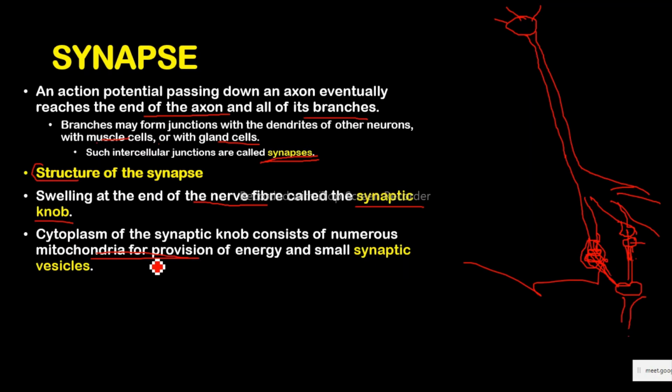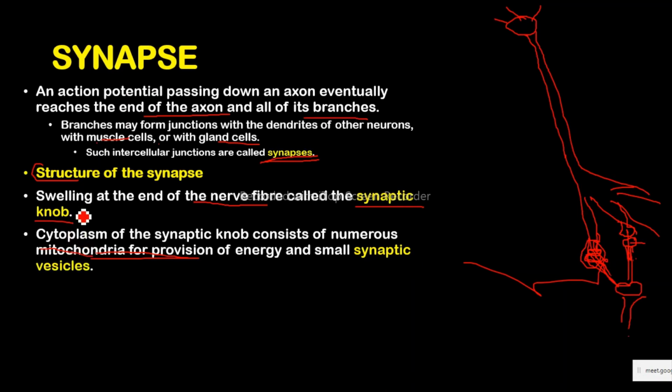Because remember, we talked about that the transmission of impulses involves exchange of sodium and potassium ions. Now after you've exchanged, you need energy to restore back the resting potential. Now, where are you going to get that energy from? The mitochondria.